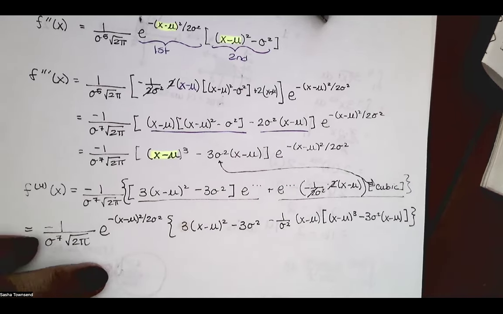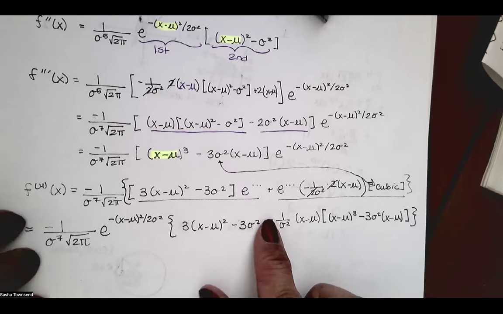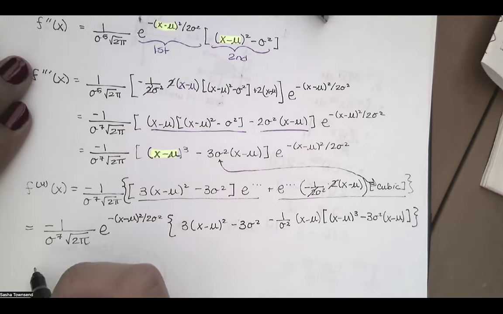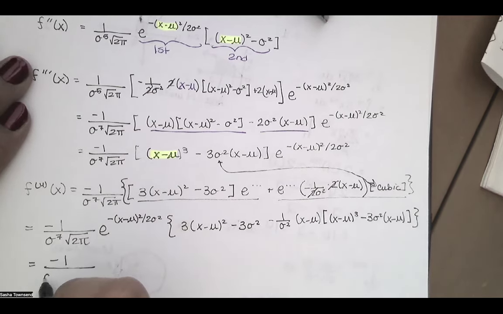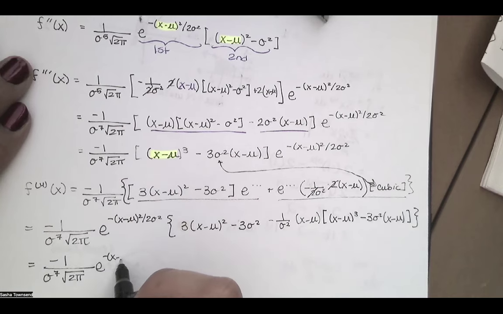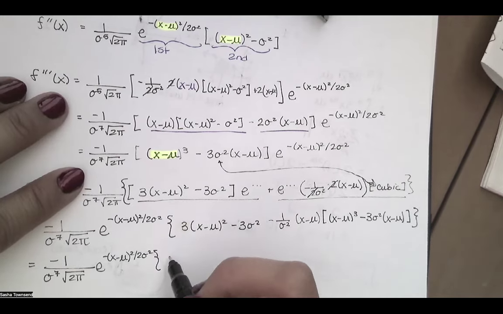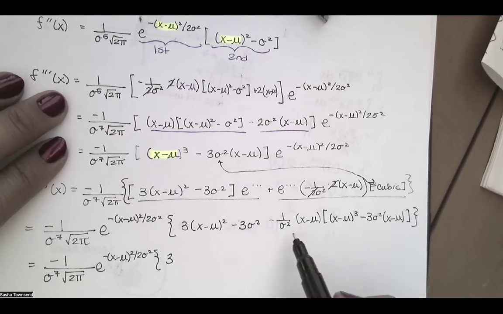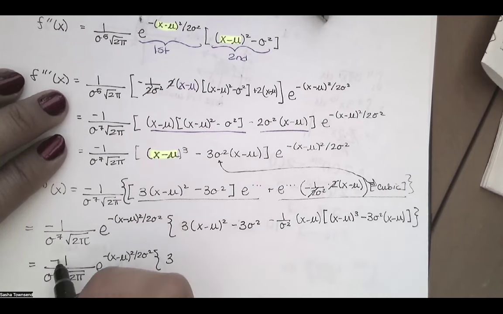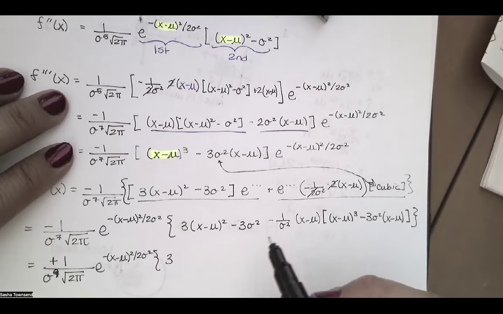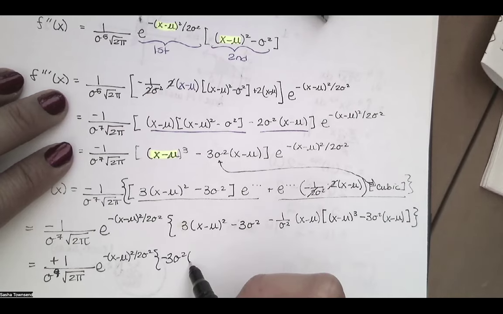So many brackets and parentheses. But let's factor out negative sigma squared from everything. Like, did I make an error? I think I may have made an error. So if I factor out a negative 1 over sigma squared from this, I'm going to have a positive 1 and then a sigma to the 9th in that denominator. That's going to give me a negative sigma squared times this first factor.